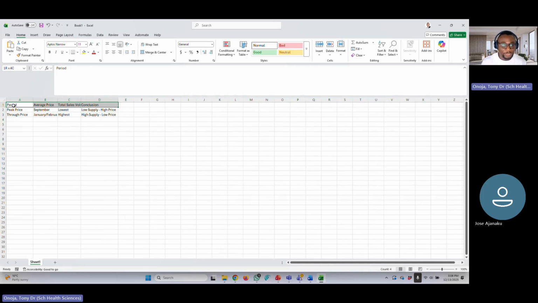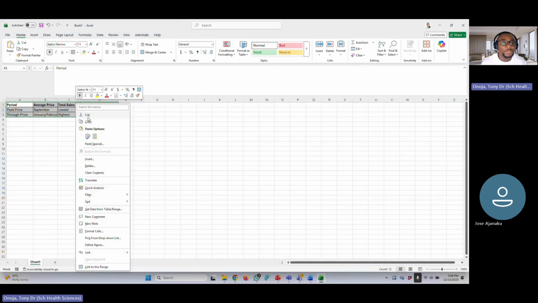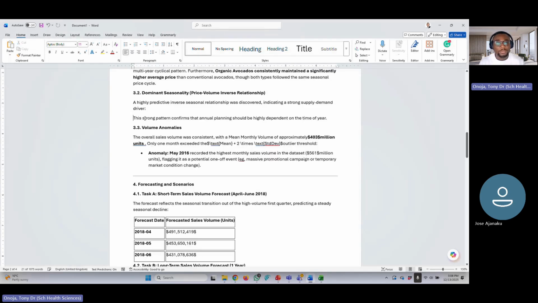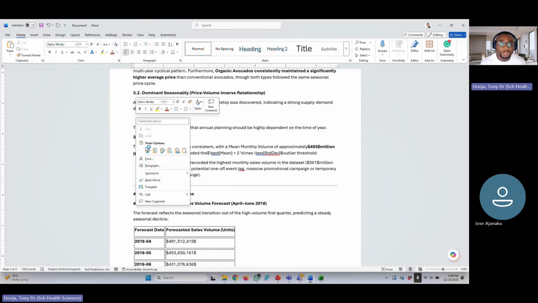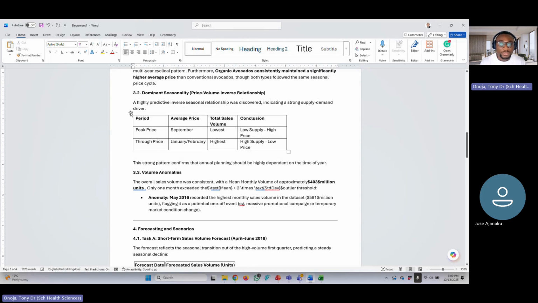Of course, you can bold it, and you want all of them to be in a similar format. You can copy this, go back here. We say we don't want that. Good. You can see now the table is better.